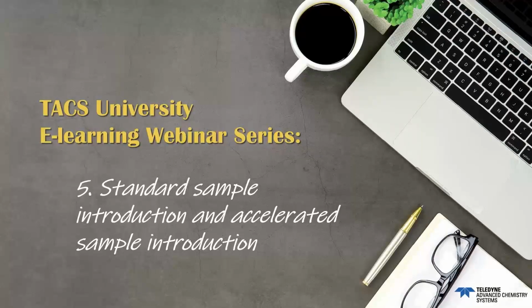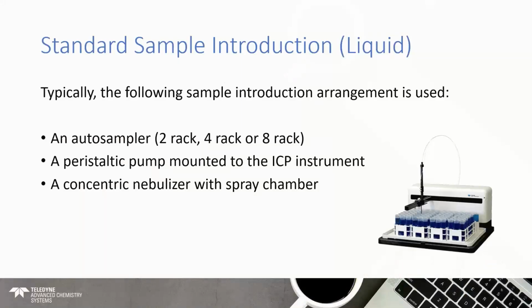What I now want to do is compare a standard approach to sample introduction and then look at an accelerated approach, just to show you what kind of efficiencies can be made in the sample introduction process. First of all, let's start with what you would consider a standard approach.